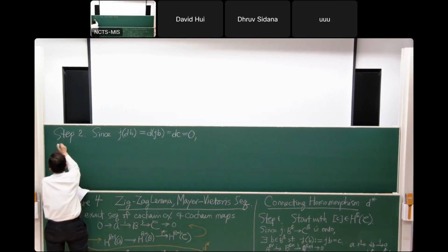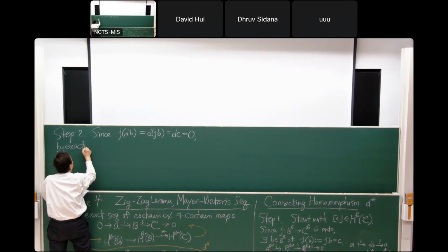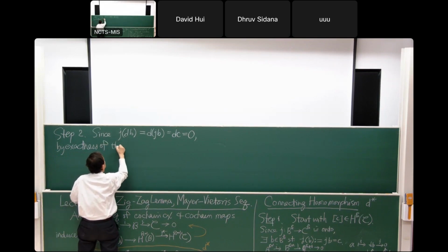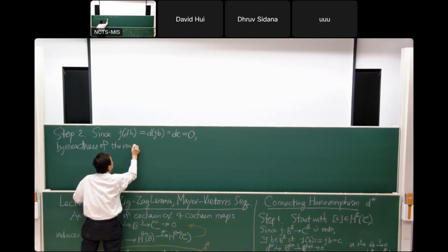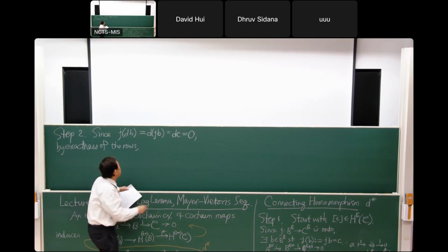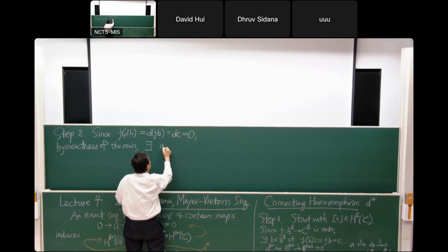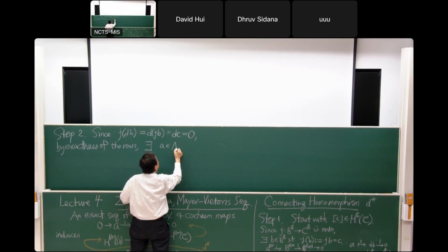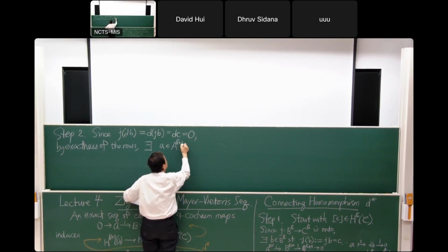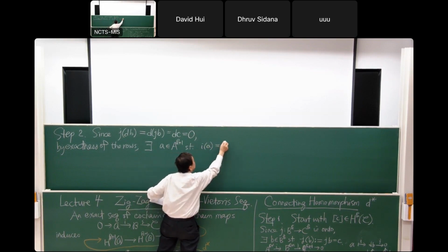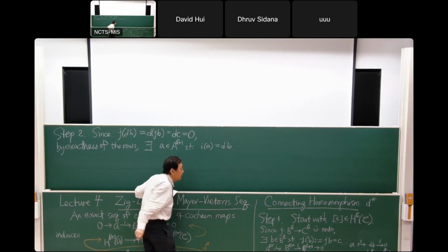By exactness of the rows, there exists an a in A^(k+1) such that Ia is db.